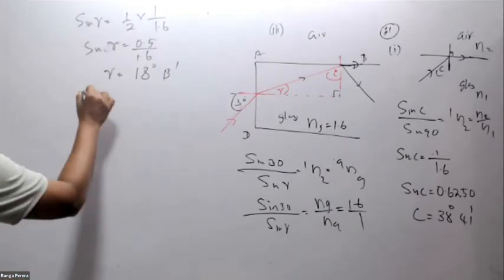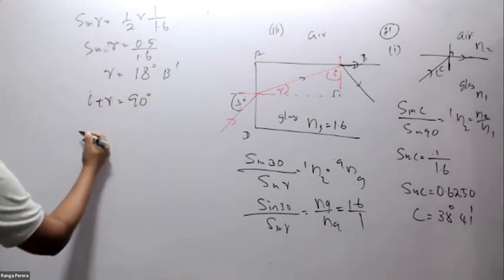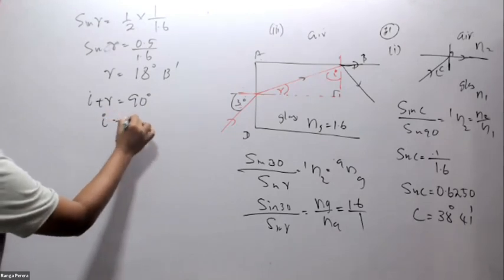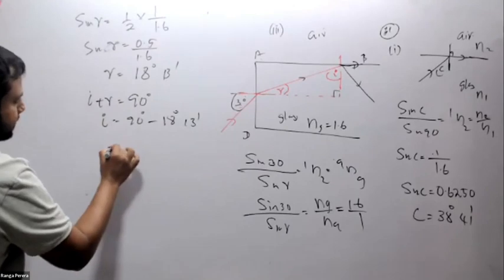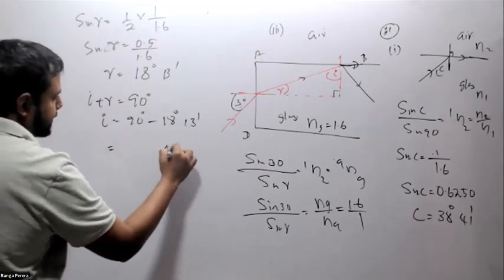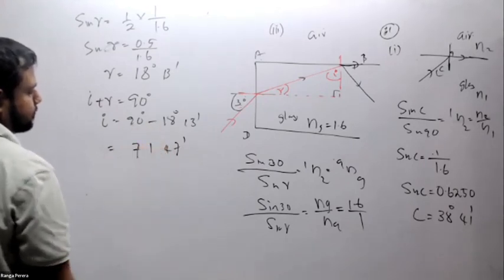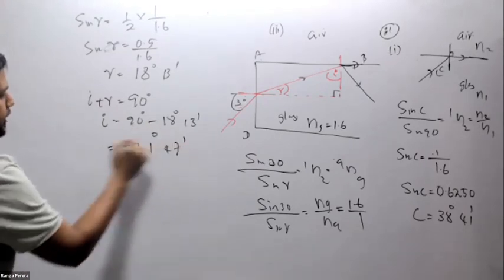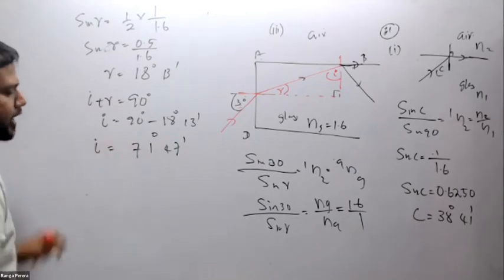Then we can say I plus R equals 90 degrees. So I equals 90 degrees minus 18 13. Here 47, 1 degree borrowed means 7. 71 degrees and 47 minutes.